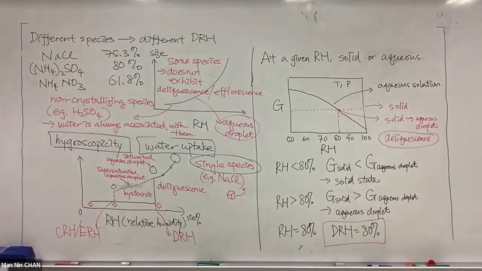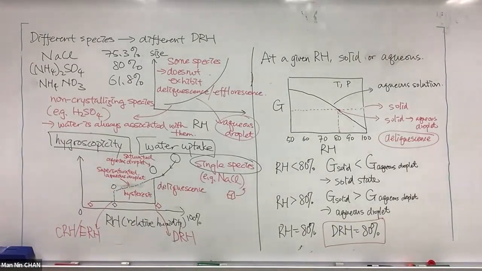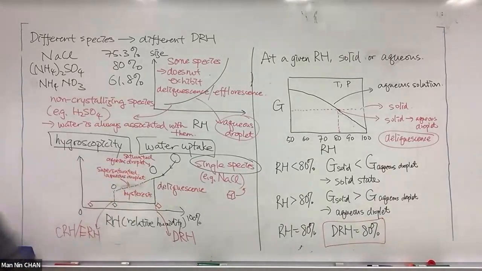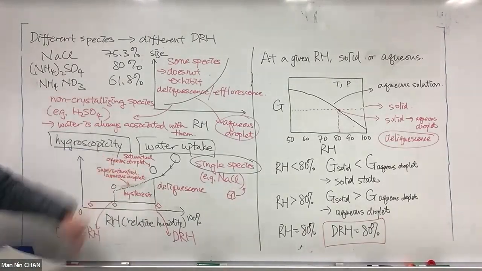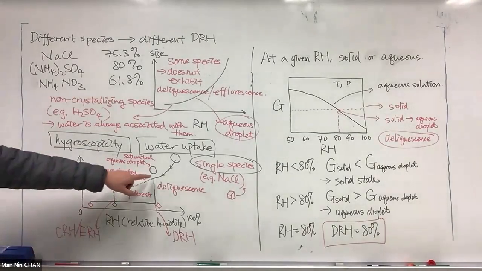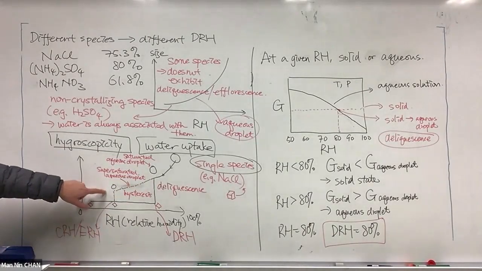I just want to highlight that this graph is just used to predict the deliquescence point. When you pass through this, like we mentioned, at this saturation point all the water needs to evaporate, which is physically very difficult. So the particle will still remain as a droplet. No transition will happen at this point until you reach a high concentration.